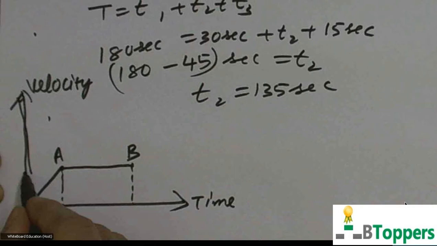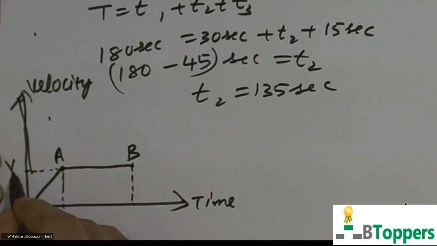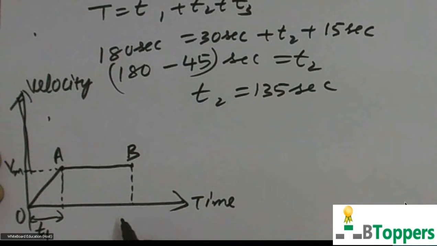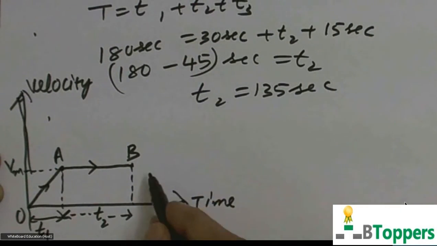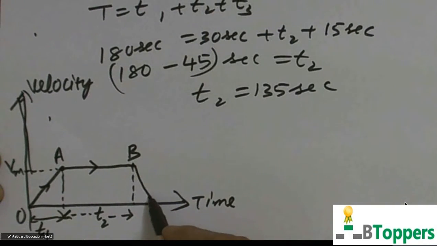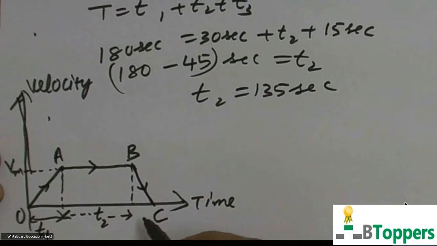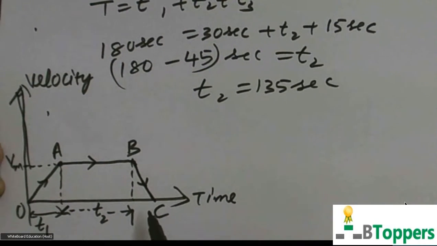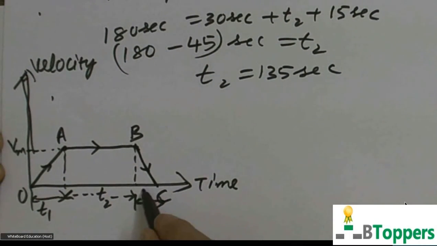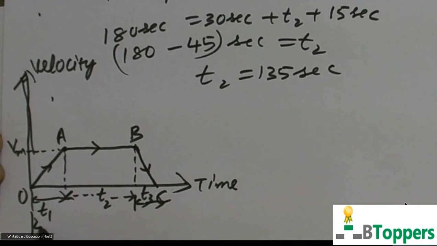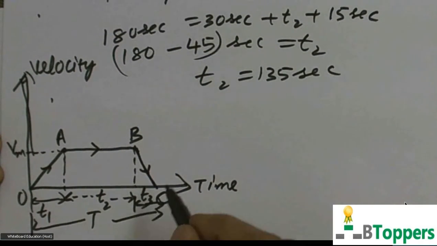The line AB represents the velocity time graph for the motion with uniform speed for a time interval T2 equal to 135 seconds. The line BC represents the velocity time graph for the last part of the motion, during the retarded motion, for a time T3. I denote total time by capital T.